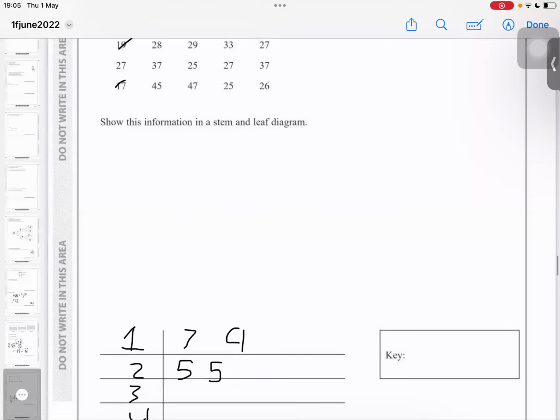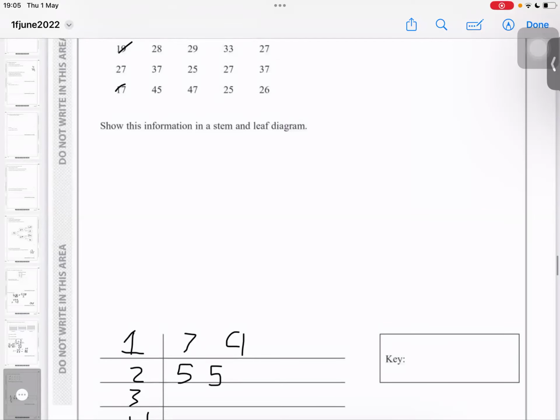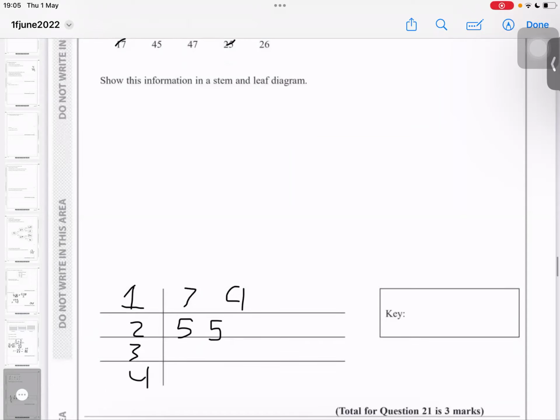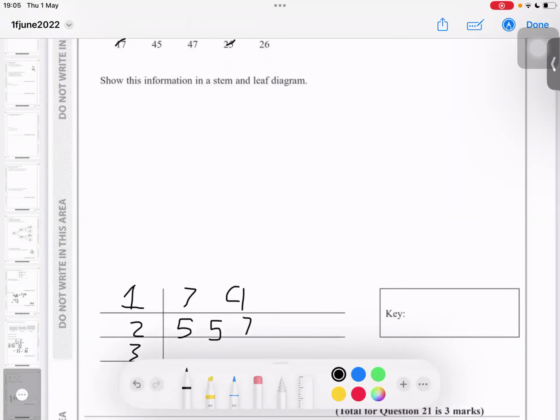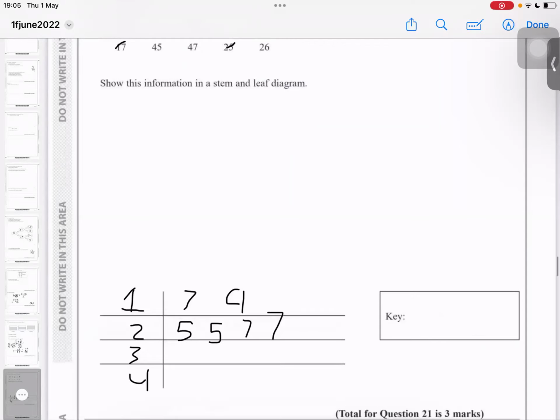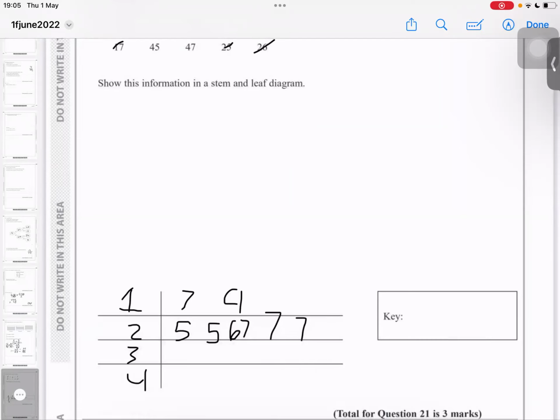Okay. You have 25 in 2 places, right? Yes. 27 in 3 places. Okay. Oh, there's 126.